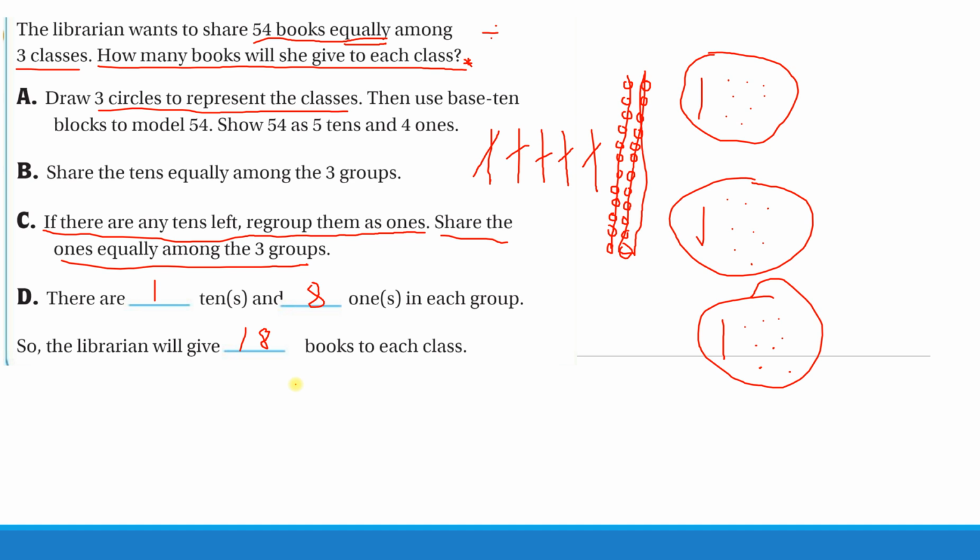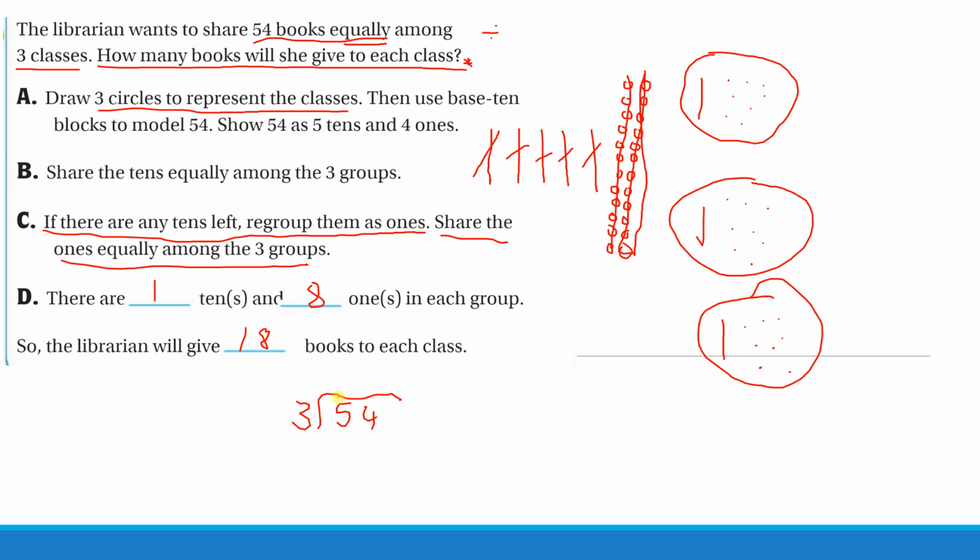Okay. Now, the way your parents and I did it is basically we did the same thing, but we didn't use the models to show it. So we would take 3 into 54, but essentially we were doing the same thing. We just didn't use the picture model to help us.